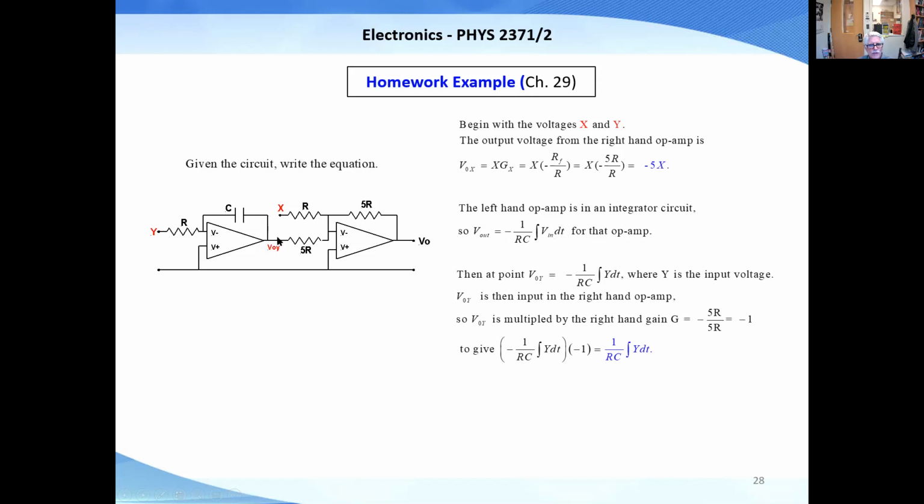This is an input voltage now, and that's going through unity gain of minus 1, 5R over 5R, which is minus 1. So then that gives the voltage Y giving a voltage out is going to be plus 1 over R times the integral of Y dt. Okay, so the X and the Y voltages are going to give you an output that looks like this.